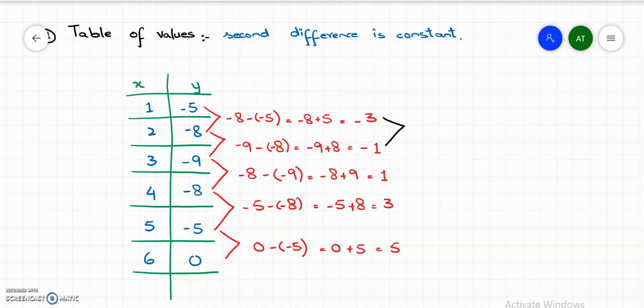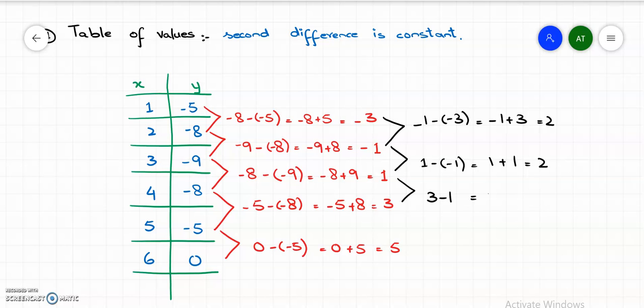The difference between -3 and -1 is -1 subtract -3, which is -1 plus 3, equals 2. The difference between -1 and 1 is 1 subtract -1, which is 1 plus 1, equals 2. The difference between 1 and 3 is 3 subtract 1, equals 2.